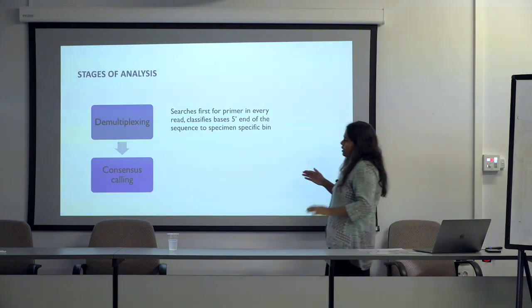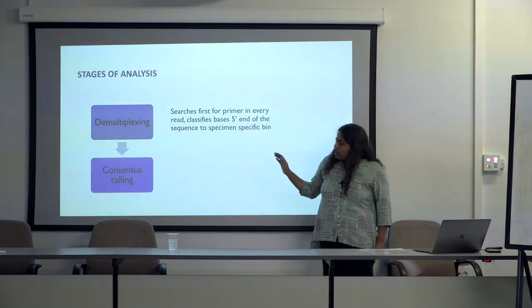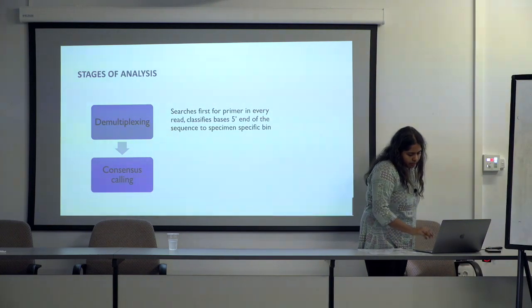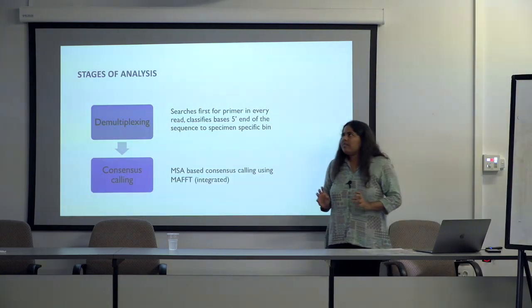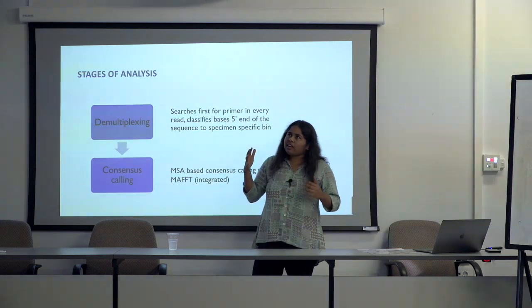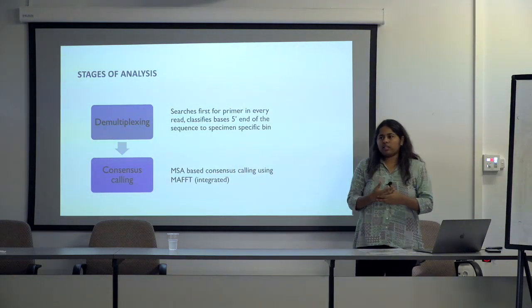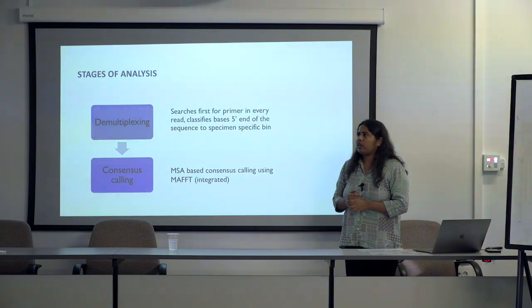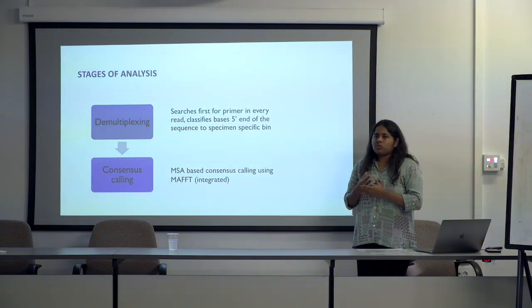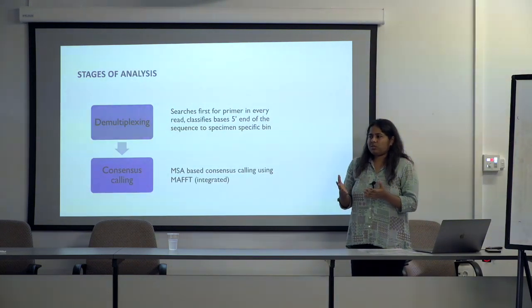The next step is really the consensus calling. When we tried to build the MiniBarcoder pipeline, we were really wondering about the types of consensus calling software available for MinION, and this was mostly the genomic tools that are available.